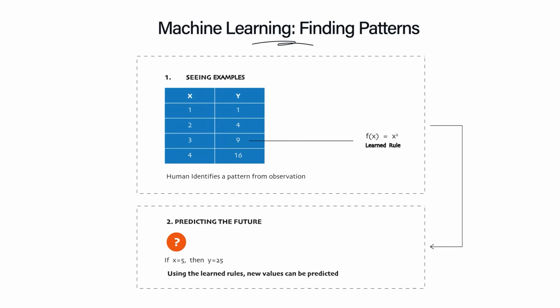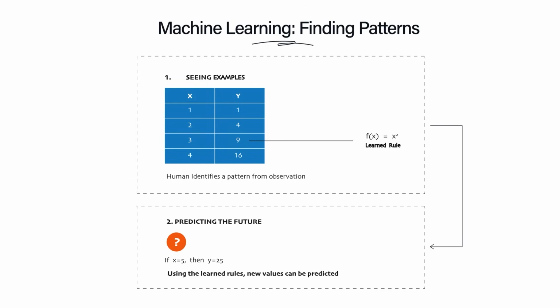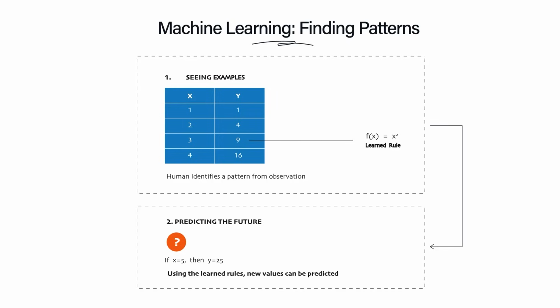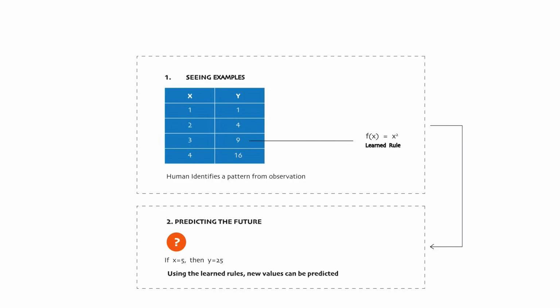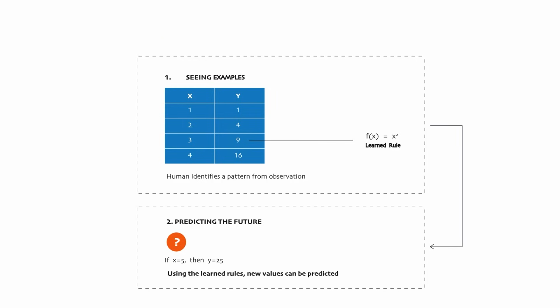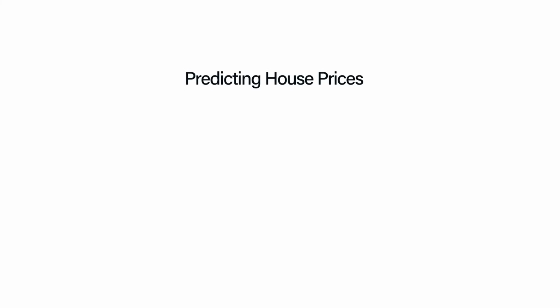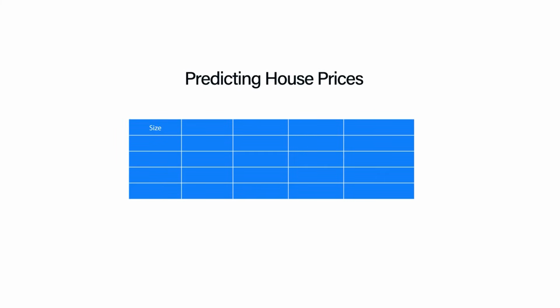Now, this example is ridiculously but deliberately kept simple, because in real life, the patterns are rarely this obvious. Take something like predicting house prices. Each house might have many inputs like size, number of bedrooms, location, age, and more. The relationship between these inputs and the final price is not a clean formula you can easily write down.